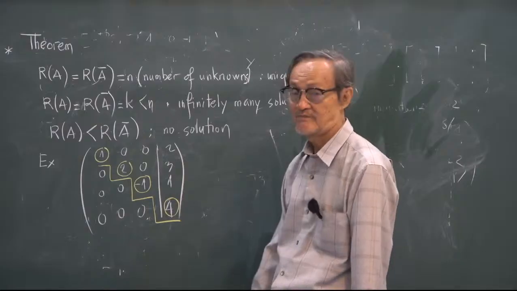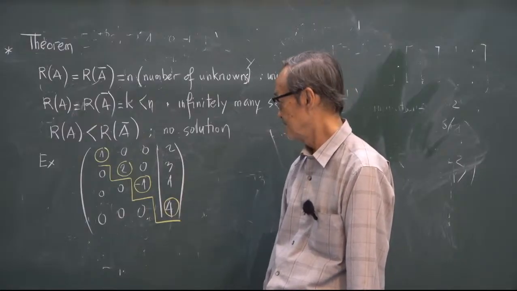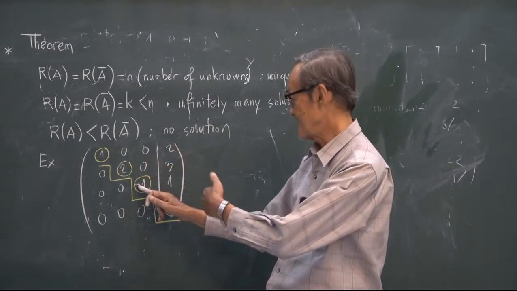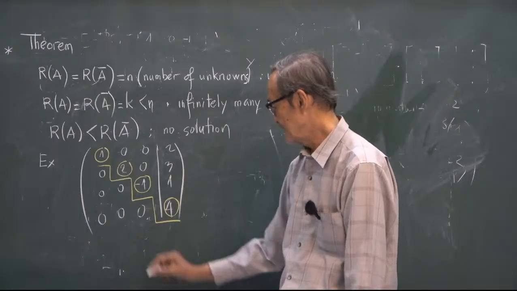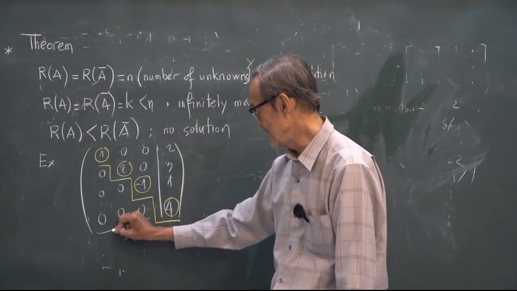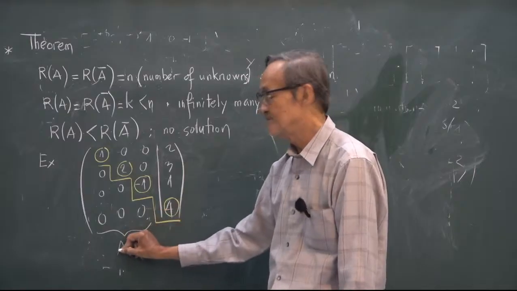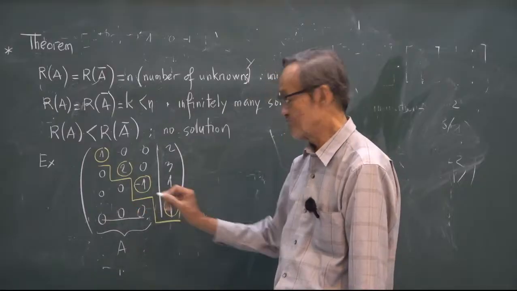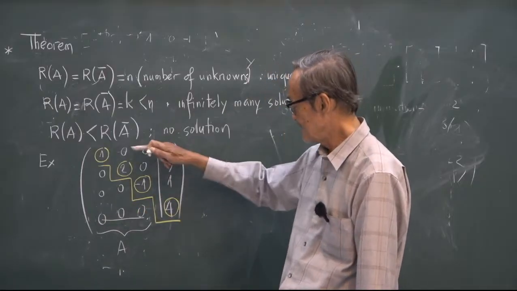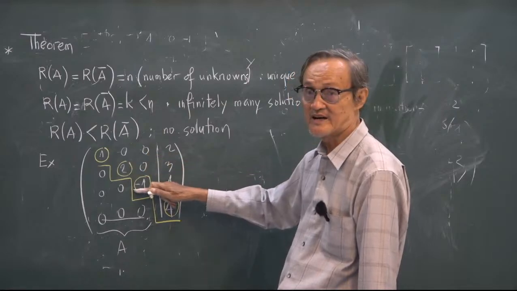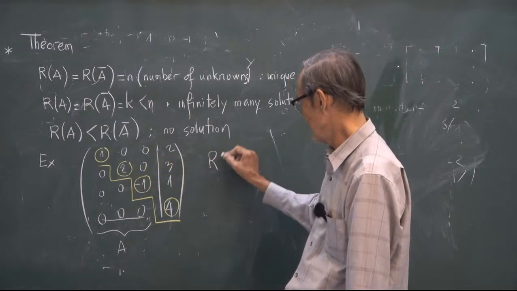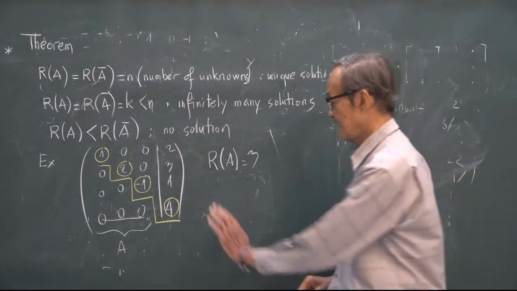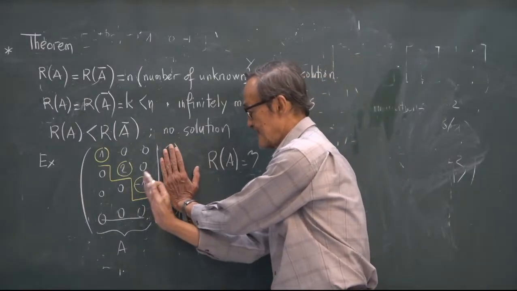Pivot: the first non-zero from left to right. Okay. Rank A, from here to here, the coefficient matrix, left-hand side. Ignoring zero rows, I have 1, 2, 3 non-zero rows. So rank A is 3.